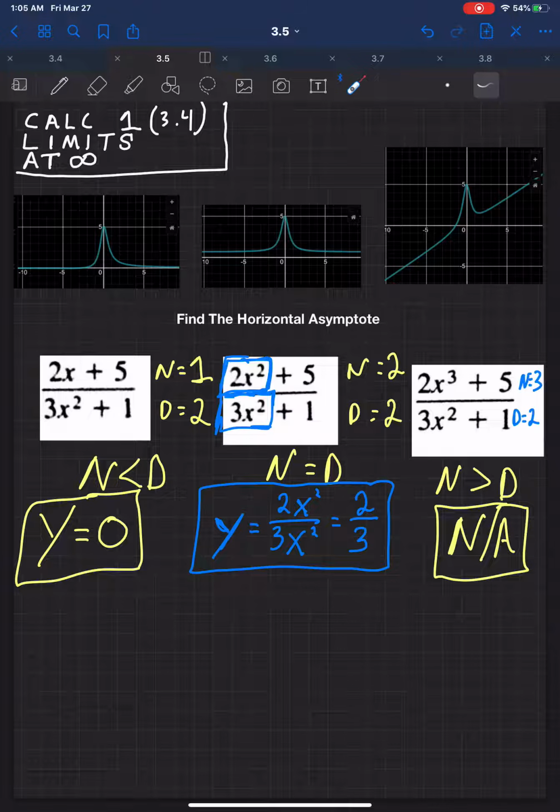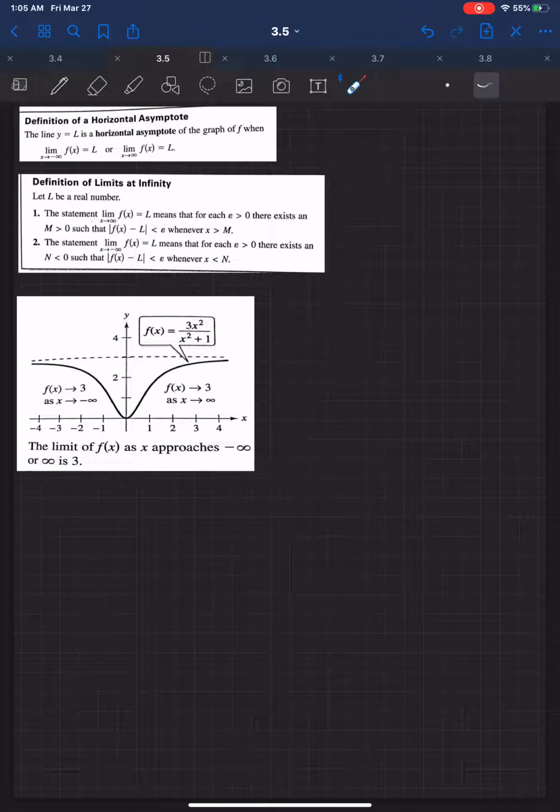Now, if this were a lecture class, I would go through the epsilon definition of limits. But because this is a video, and I don't have access to all the tools I would like to have, I won't go through the definition of limits at infinity. What I want to do is make sure we understand the definition of a horizontal asymptote.